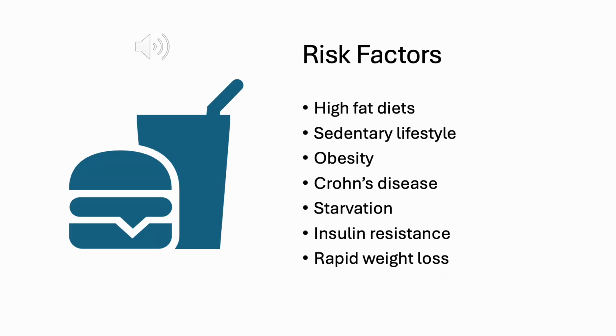More risk factors include eating a high-fat diet and having a sedentary lifestyle. Obesity is a risk factor. Crohn's disease is also a risk factor. Any condition where you're starving your body could put you at risk. If you have rapid weight loss, that's another risk factor.